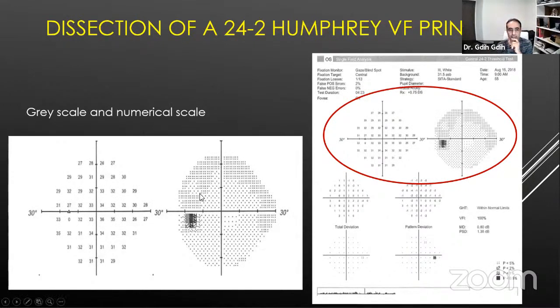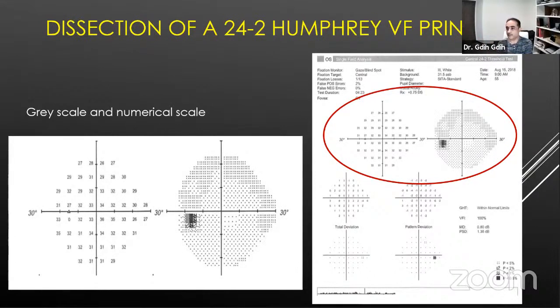Now watch with me here. This is a 24-2. You see the field is marked, it goes everywhere. It tests up to 24 degrees everywhere except nasally. Nasally, the machine will extend a little bit more towards the nose and test up to 30 degrees to the nasal side.